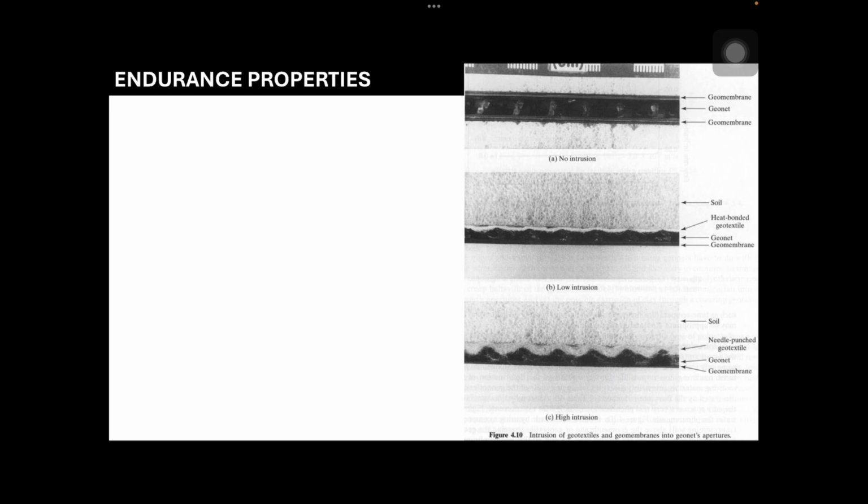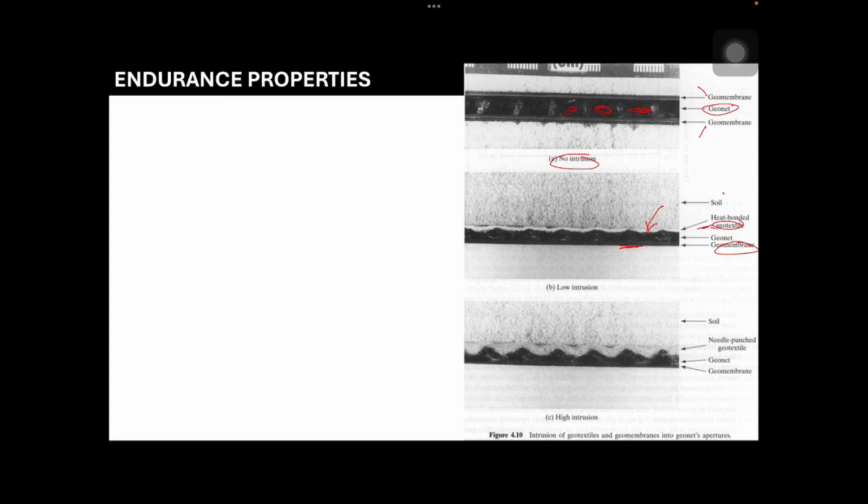As you can see here, this is our geonet, covered with geomembrane on top and geomembrane at the bottom. So there is lesser intrusion. This is the opening, the aperture. Here, there is soil, geotextile, and then geomembrane. There is more intrusion when geotextile is used compared to geomembrane.